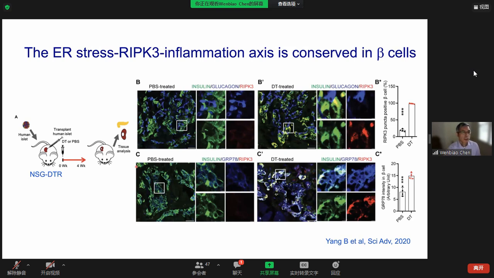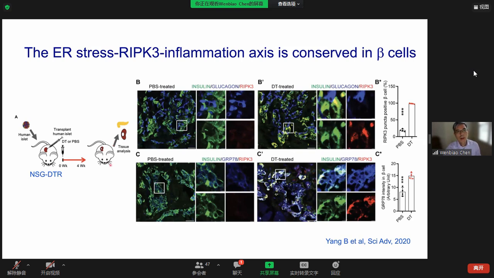And he transplants a suboptimal amount of islets, so that once he kills the endogenous beta cells by injecting DT, the human islets alone cannot maintain glucose homeostasis, so that they are diabetic. This is a way to study the effect of diabetes or hyperglycemia on human islets.